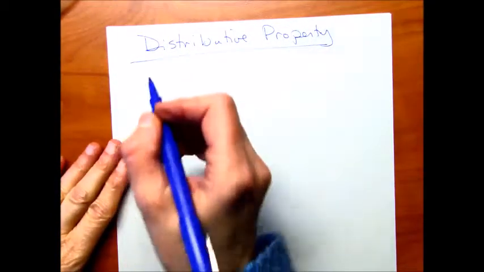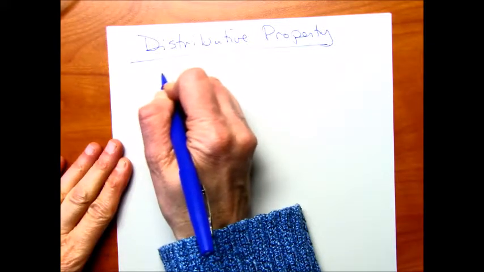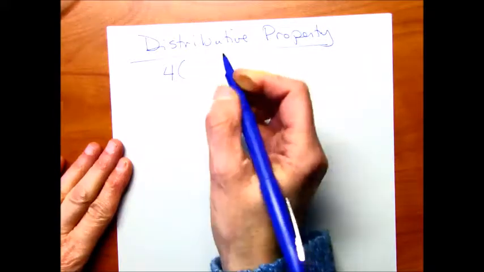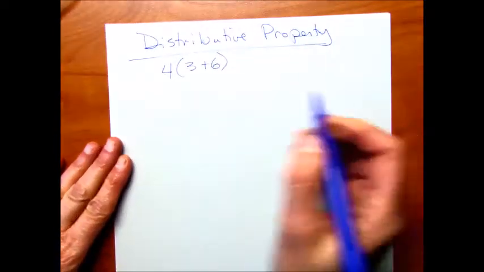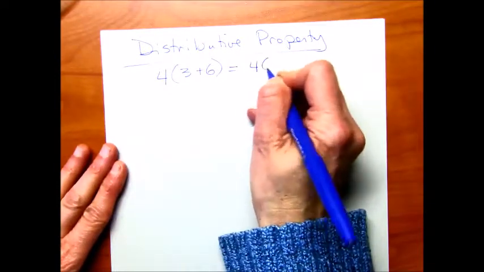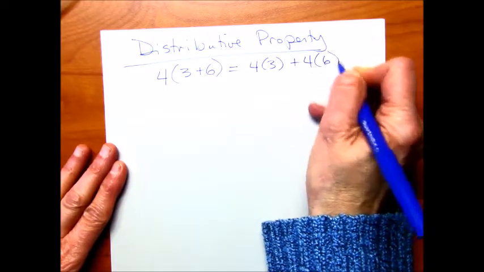So distributive property basically states that if you have, say, a number, I'll just make something up. So 4 times the quantity of 3 plus 6, that's going to be equal to 4 times 3 plus 4 times 6.